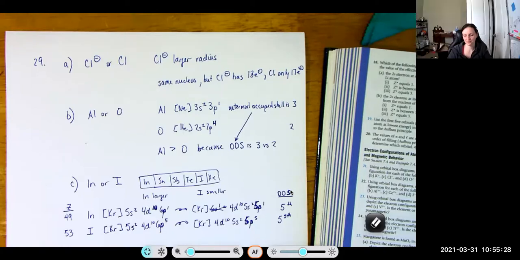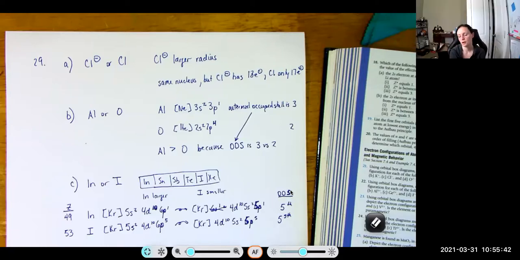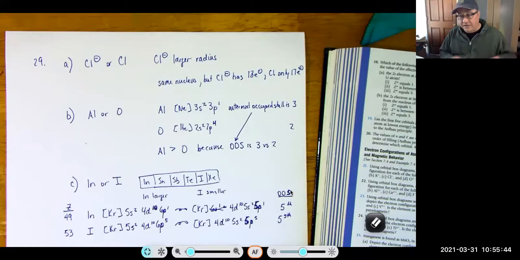But we also have to say, not only is it pulling those electrons in tighter, the way it can do that is that they're pulling on the same type of electron, so it's able to pull them in tighter. From the same shell. Yeah. So we're looking at fifth shell electrons that are just defining the outermost shell. And when you have more protons, it pulls it in tighter.